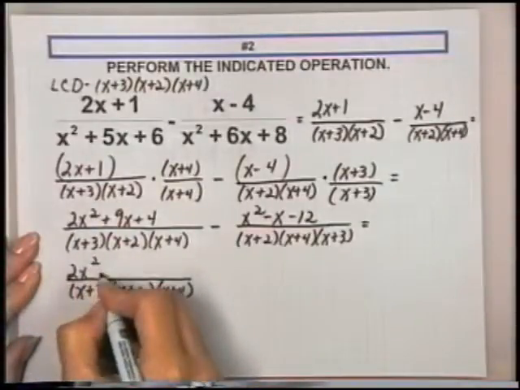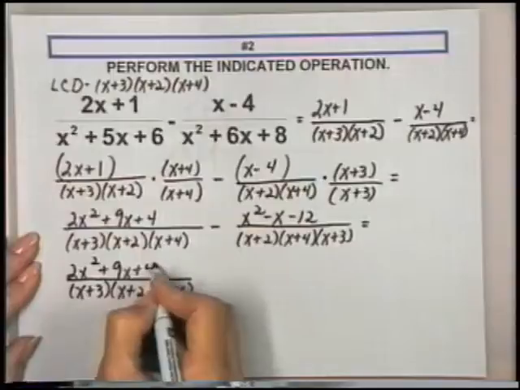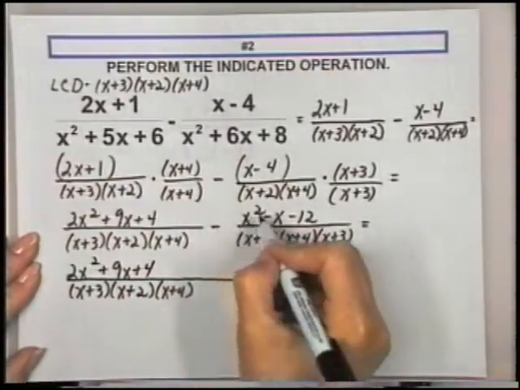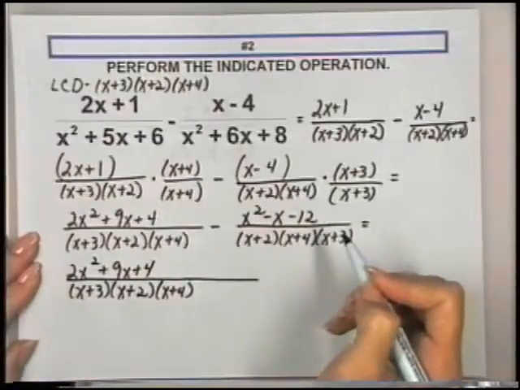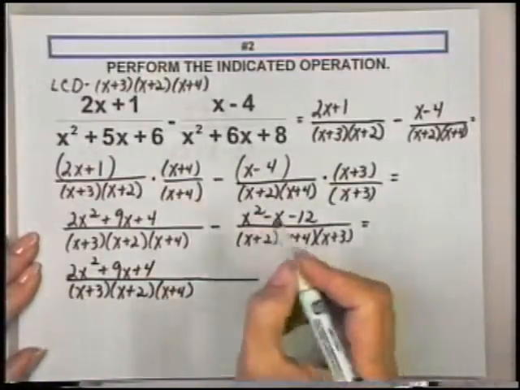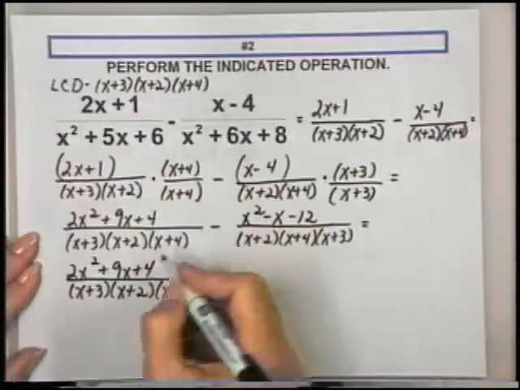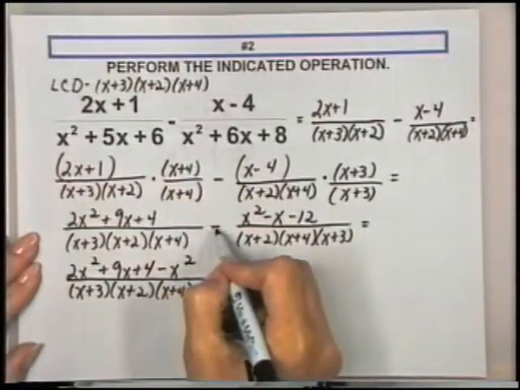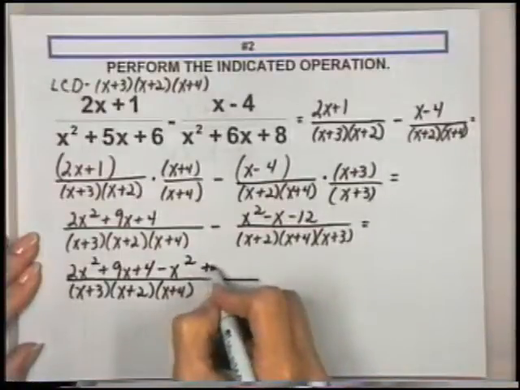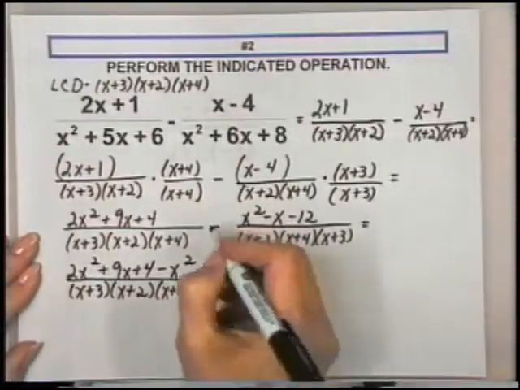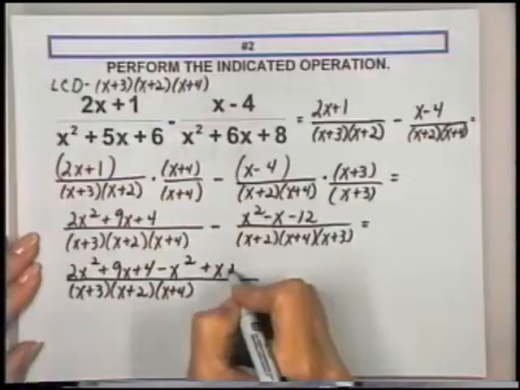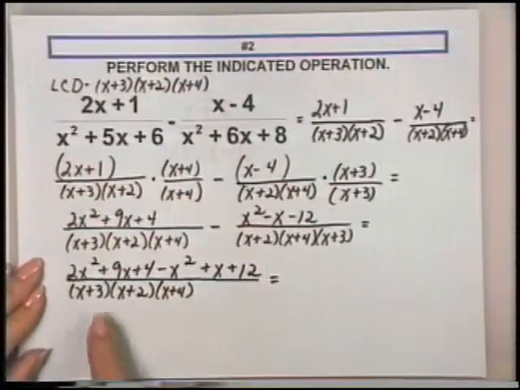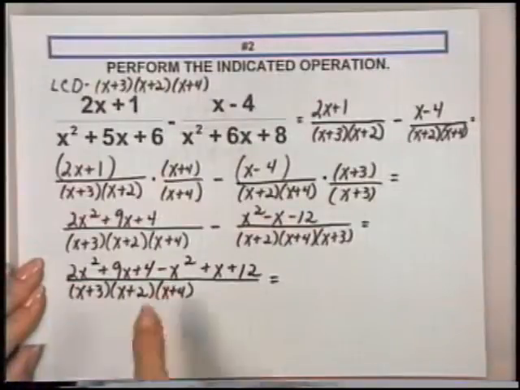When I get ready to combine my numerators, I will write my first numerator. Once again, I am subtracting, so I have to apply the subtraction sign to each term in the numerator of my second fraction. When I apply the subtraction to x squared, I get minus x squared. When I say subtract a negative x, I get a positive x. When I say subtract a negative 12, I get a positive 12.